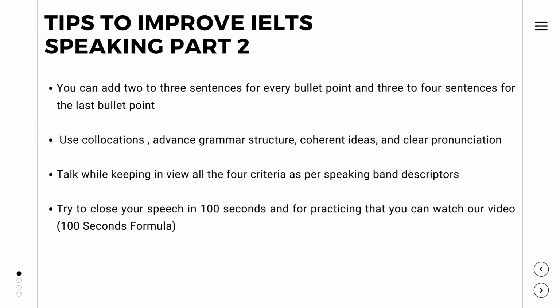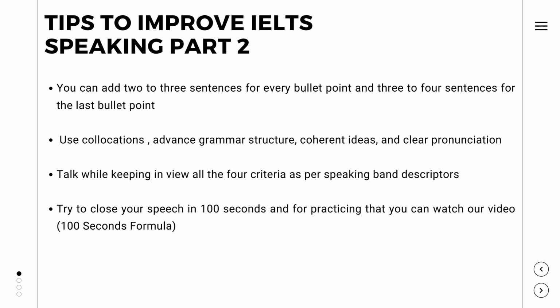Tip number 7 is you can add 2 to 3 sentences for every bullet point, and for the last bullet point you can add 3 to 4 sentences, because you have to explain the last bullet point in detail. Tip number 8 is use different collocations, advanced grammar structures, coherent ideas, and clear pronunciation.